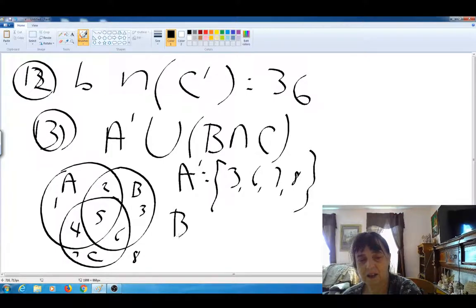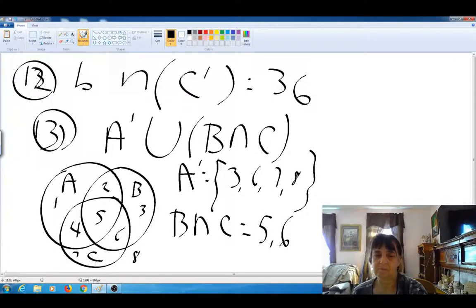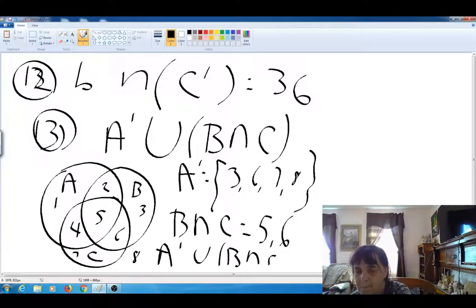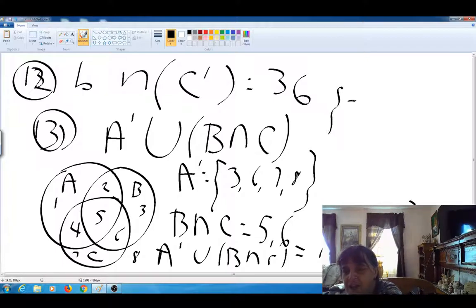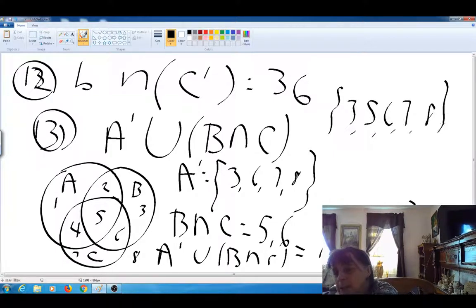And B intersects C is 5, 6. So A prime union B intersects C is 3, 5, 6, 7, 8.